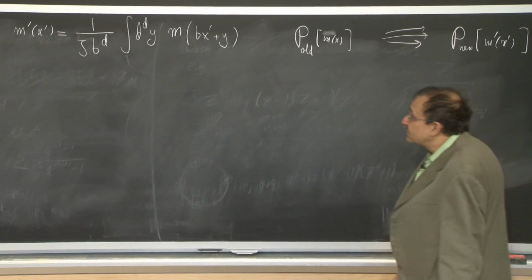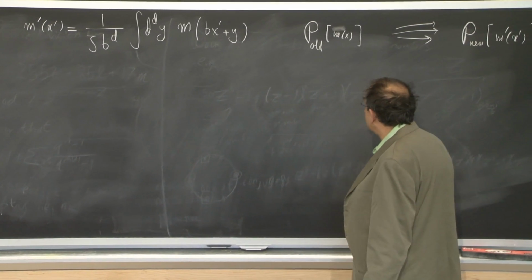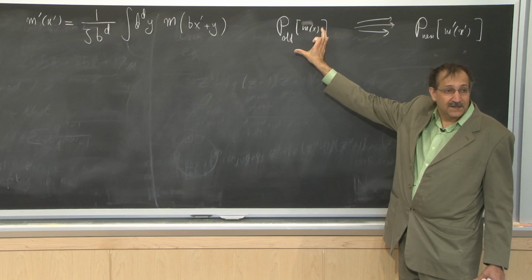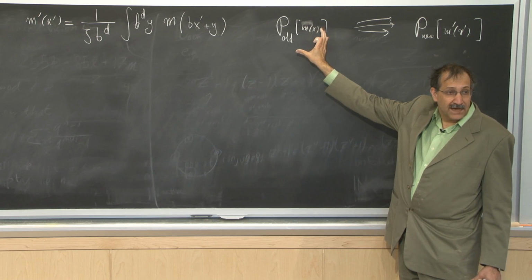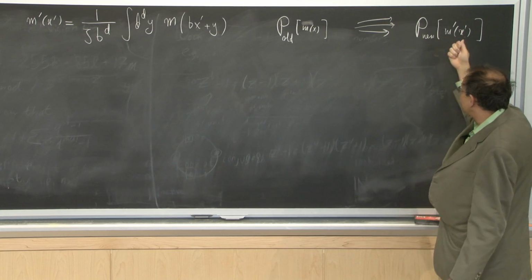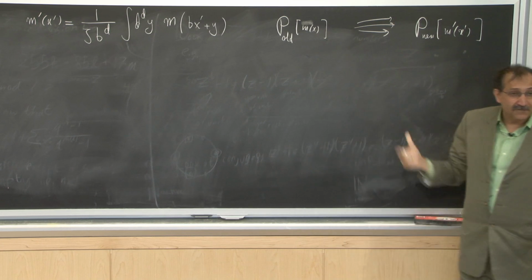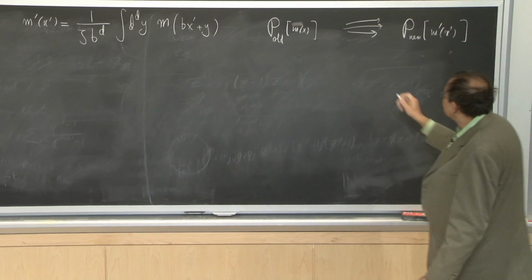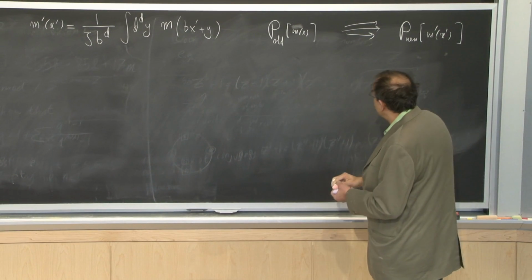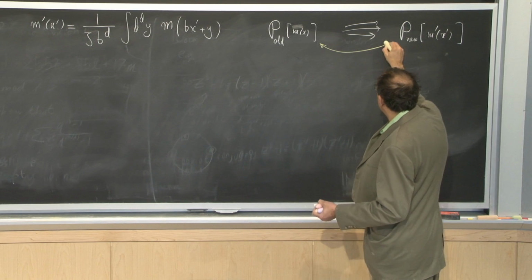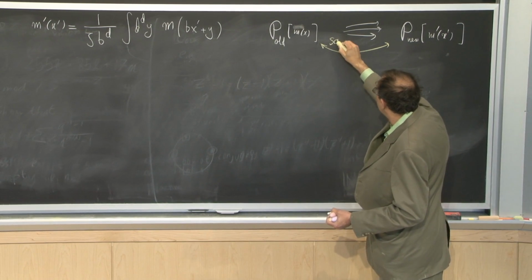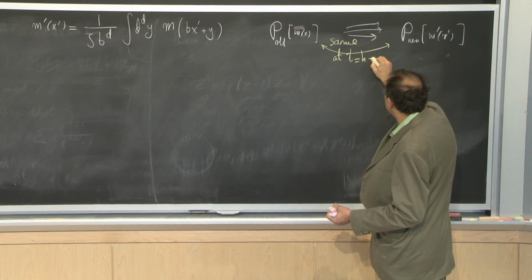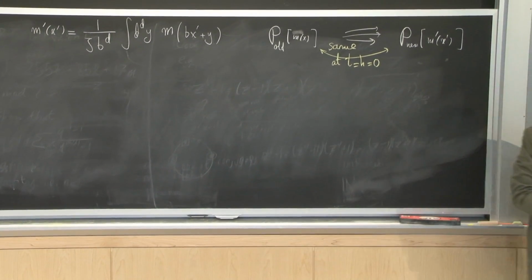Now the statement of self-similarity presumably is that this weight is the same as this weight. You can't tell apart that you generated configurations before or after that scaling. Okay? So this is the same at the critical point.